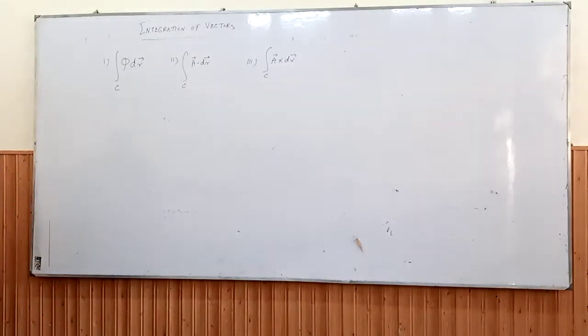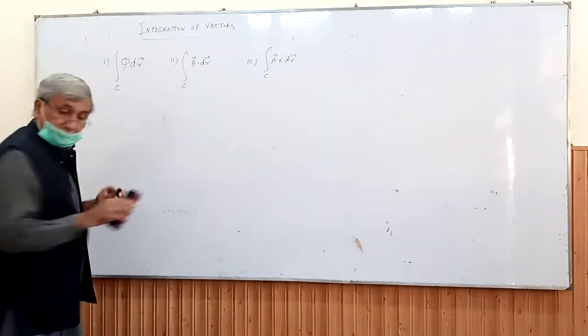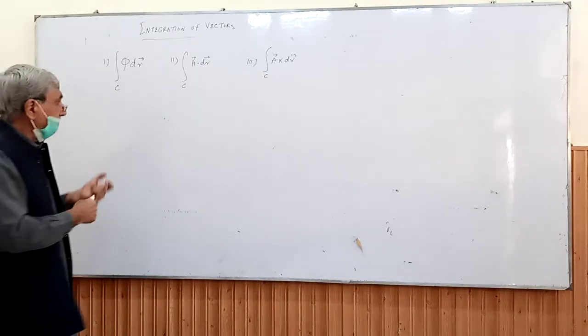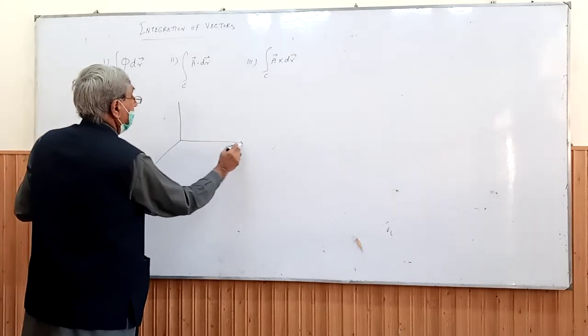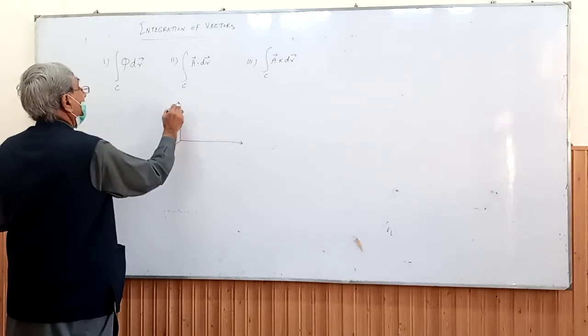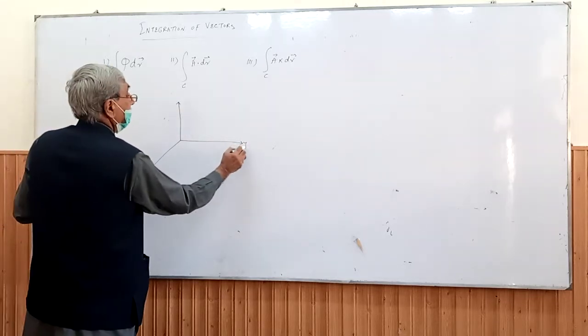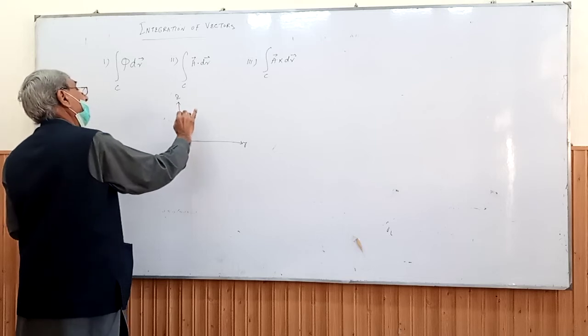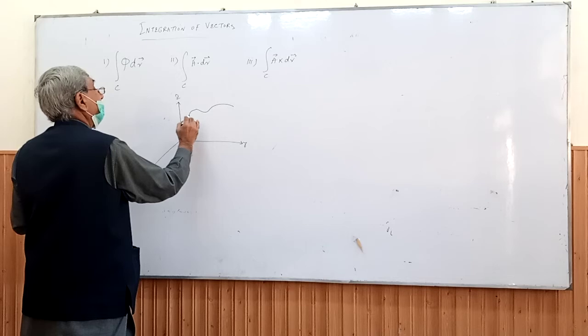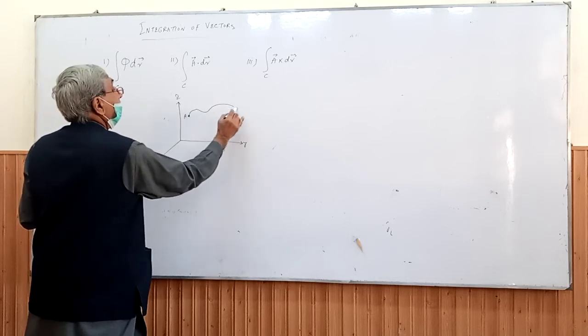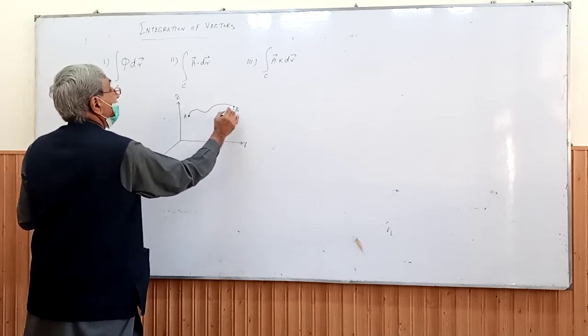Okay, so having done with that, in order to understand this, let me draw the 3-dimensional figure with x, y, z, and a particle, an object, moves from point A to B in space.